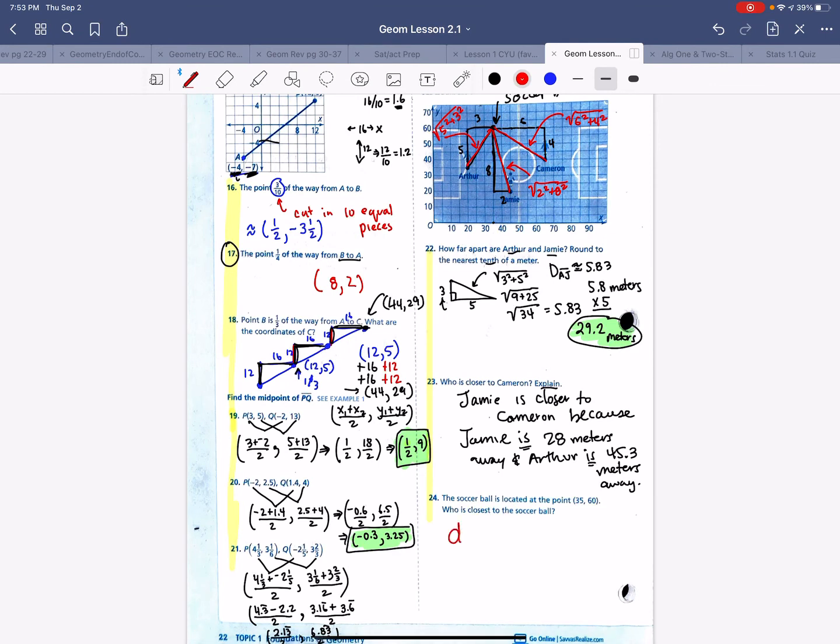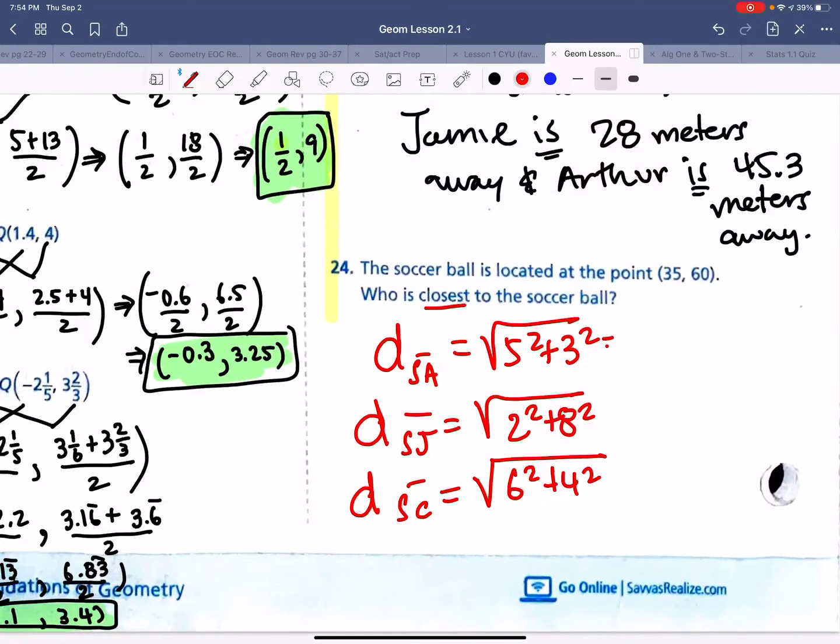So the distance between the soccer ball and Arthur is this. The distance between the soccer ball and Jamie is this. And the distance between the soccer ball and Cameron is this. Whoever's shortest is closest.